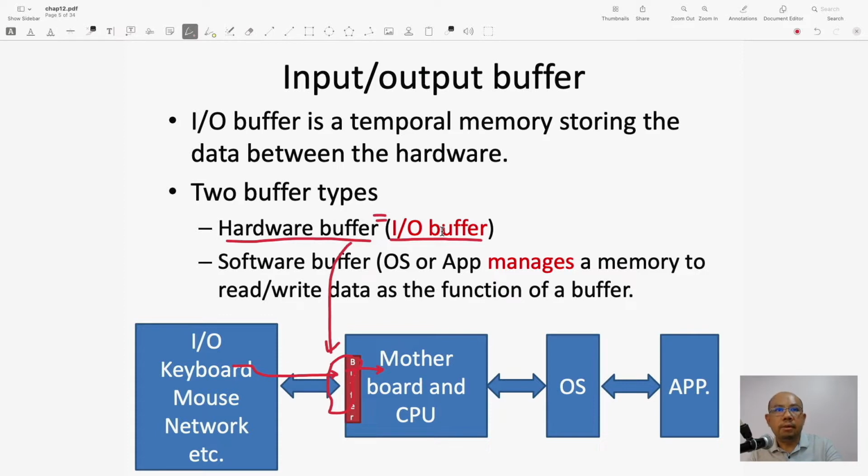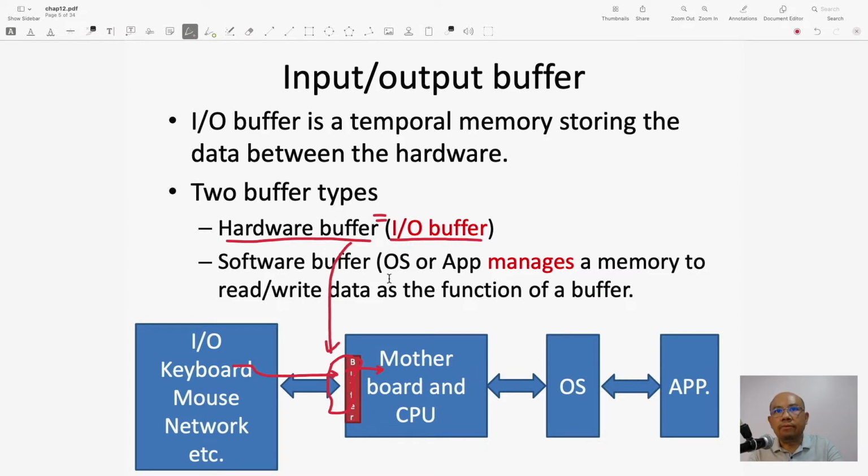You can also implement a buffer using software. You can write code to manage the buffer, and code that does the function of a buffer. I will tell you in the next slide.